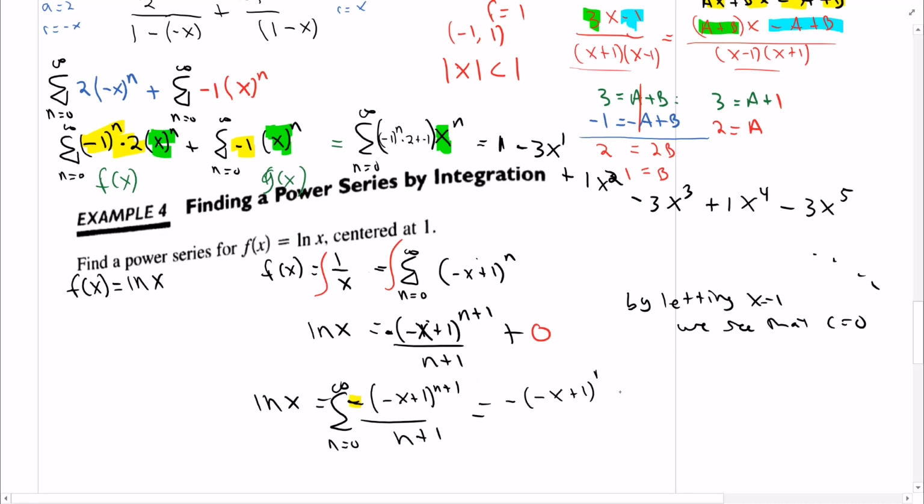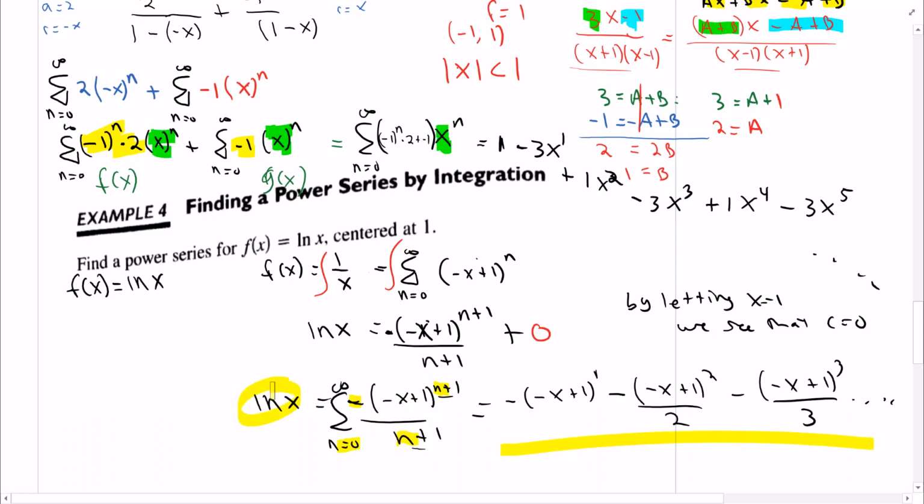And then I plug in 1, and we get 2 in the exponent and 2 on the bottom. So it's going to be plus negative x plus 1 squared over 2. And then minus negative x plus 1 to the third over 3, and so on and so forth. We're plugging these into the n values, that's what I was kind of messing up on in the beginning. And so we have a series that describes natural log of x.